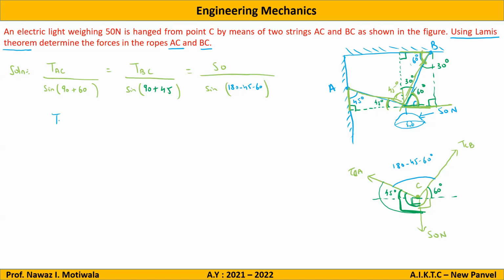So finally I will write TAC divided by sine of 90 plus 60, which is 150, is equal to TBC divided by sine of 90 plus 45, which is 135, equal to 50 divided by sine of 180 minus 60 minus 45, which is 75 degrees. Correct.